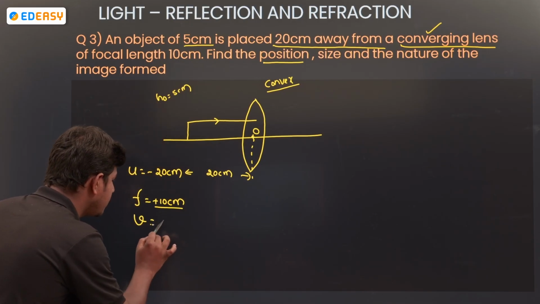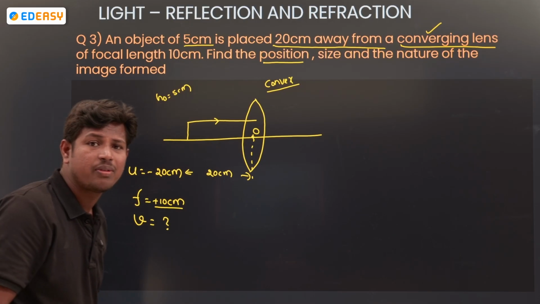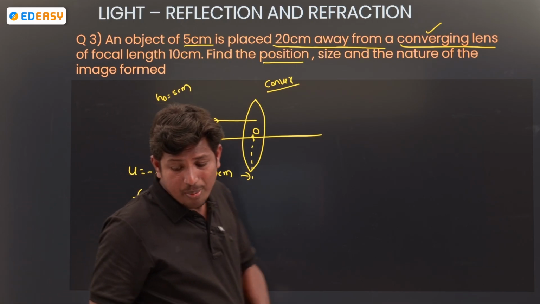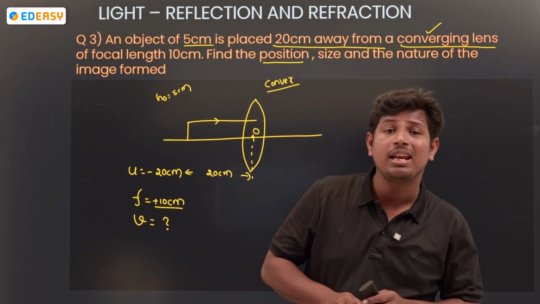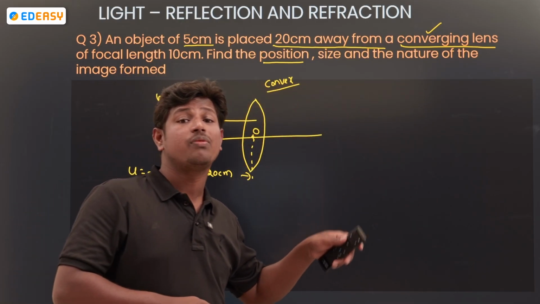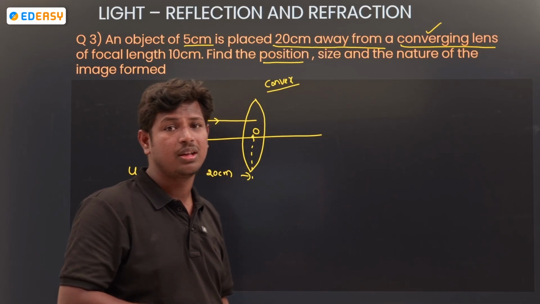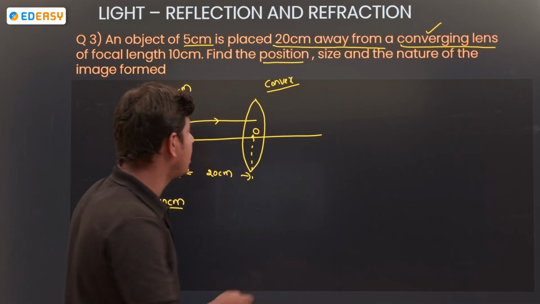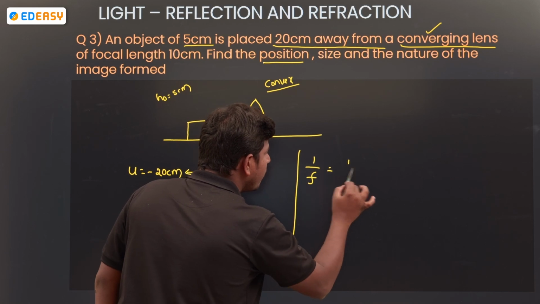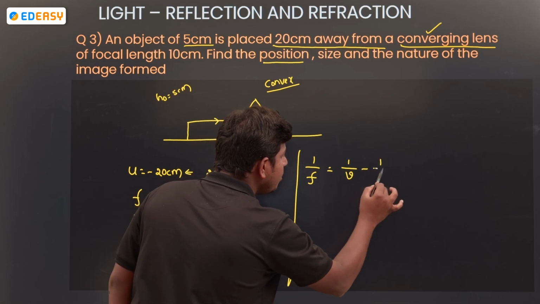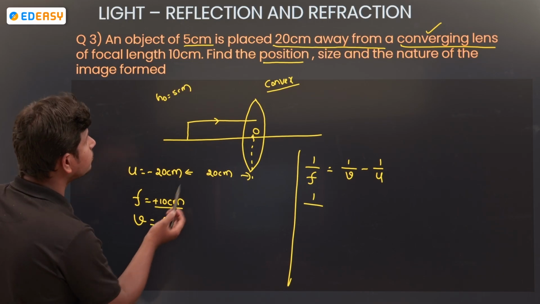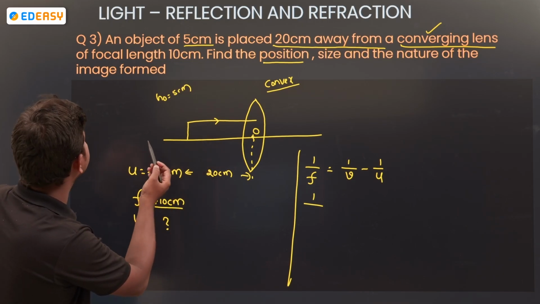So which formula do we take? Lens formula only. Anybody give the lens formula from the comment section? Mirror formula: 1 by f is equal to 1 by v plus 1 by u, that we know. Lens formula: 1 by f is equal to 1 by v minus 1 by u. So the focal length value, how much did they give?